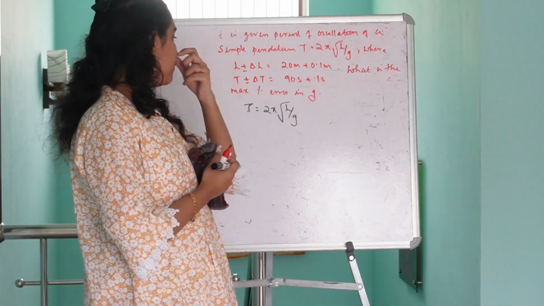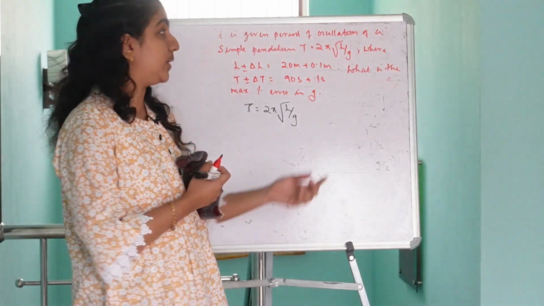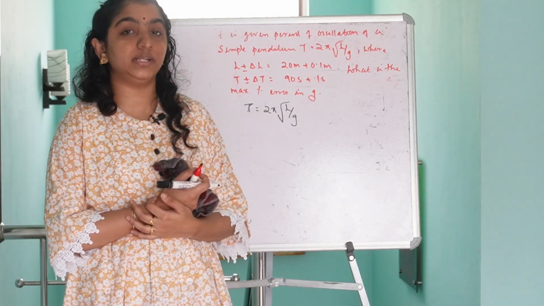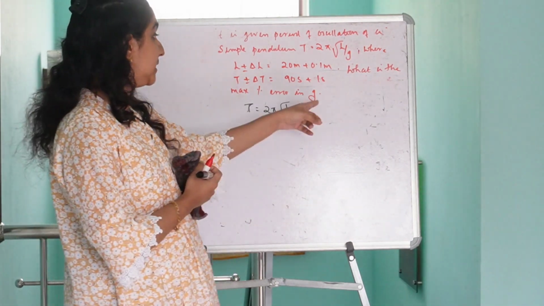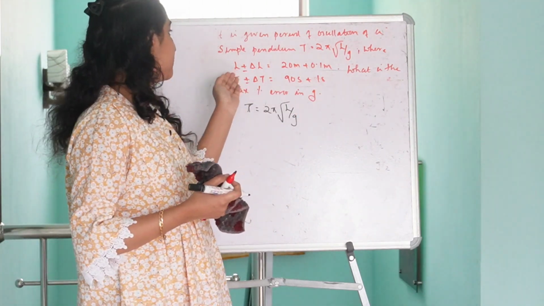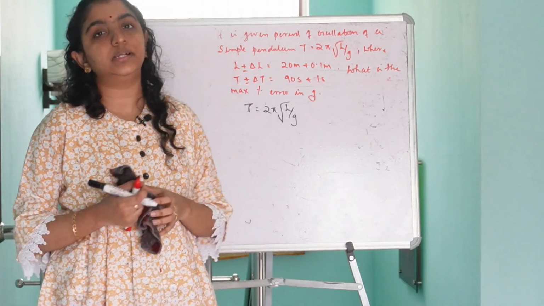Even though you are given the equation for the time period, you are asked to find the maximum percentage error in G, that is acceleration due to gravity. Values provided are the length of the simple pendulum and the time period.